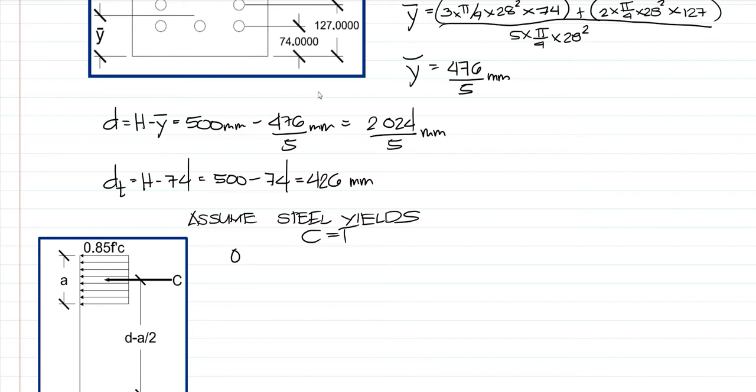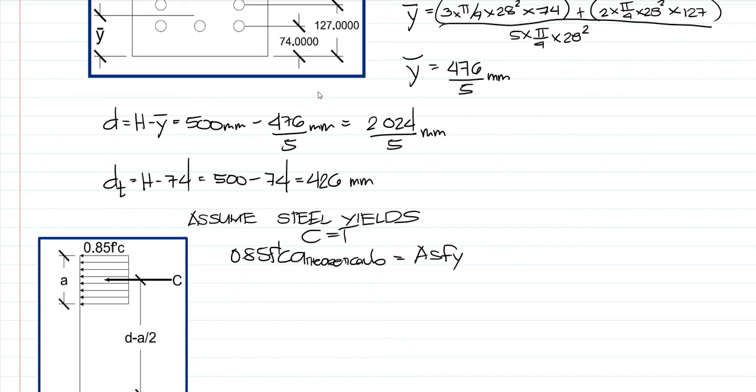So that will be 0.85 f'c a theoretical times b is equal to As. Since we are assuming steel yields, we will get fy.